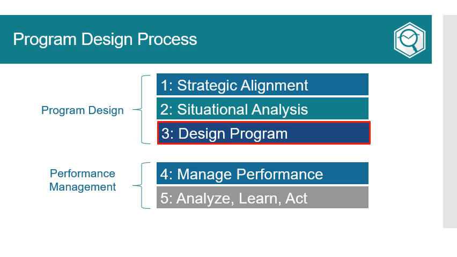Now that we have our strategic alignment, situational analysis, and needs statement done, we can move on to actually articulating the program design. And we'll start with program-specific goals and objectives, move on to a theory of change, build a logic model, and finally, think about the assumptions that exist within those things.